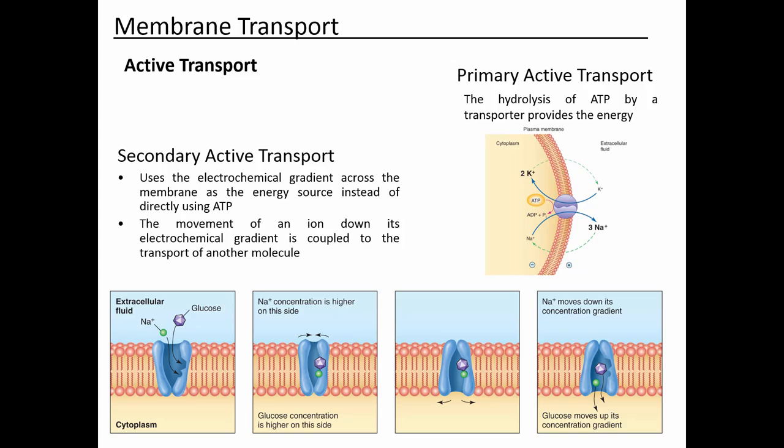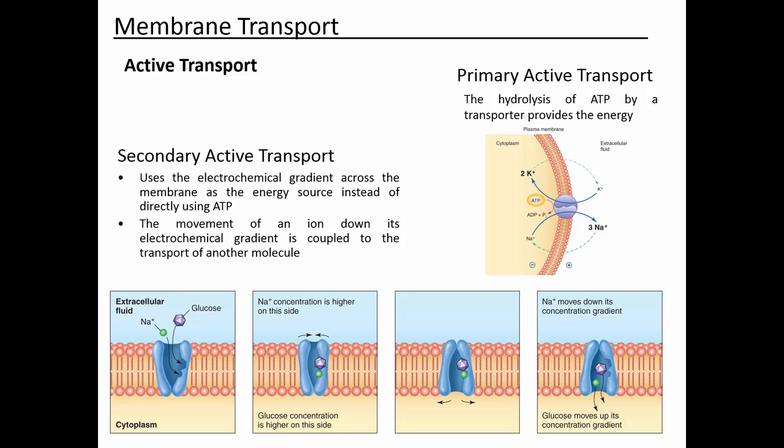In this example, sodium ions are going down their electrochemical gradient because for the typical cell in your body, there's a higher concentration of sodium ions on the outside of the cell versus the inside.